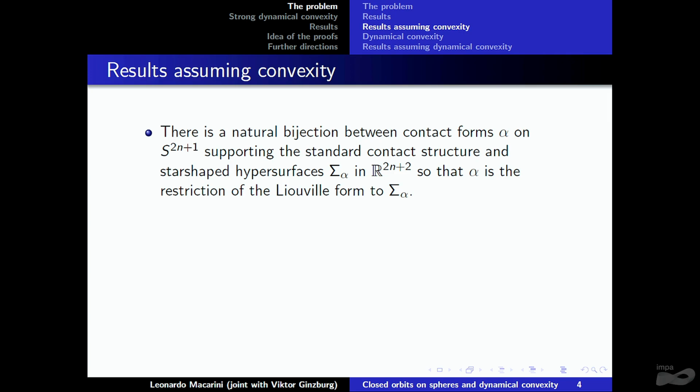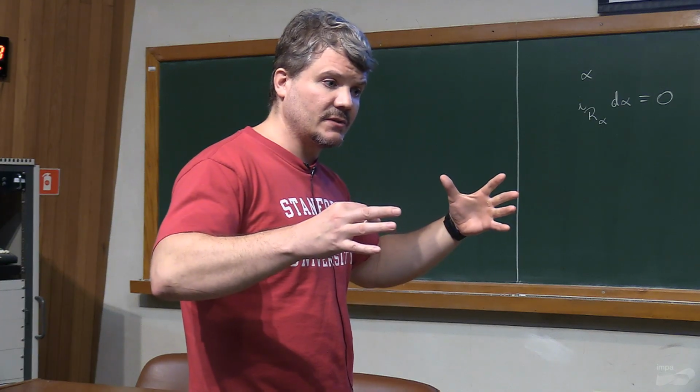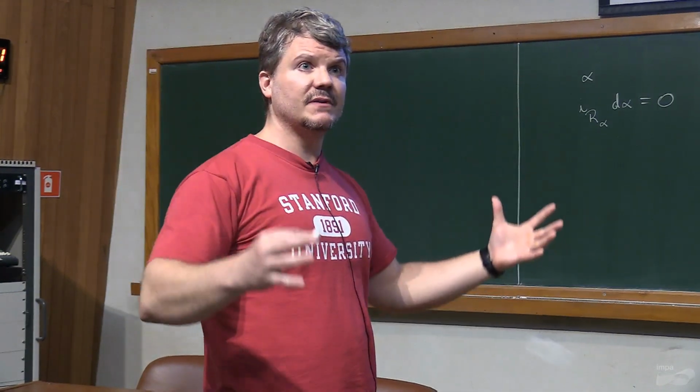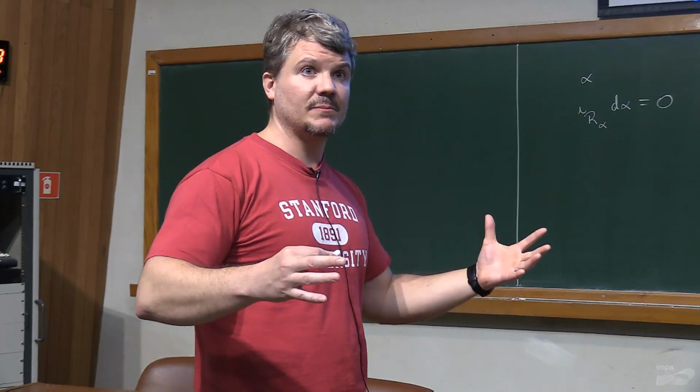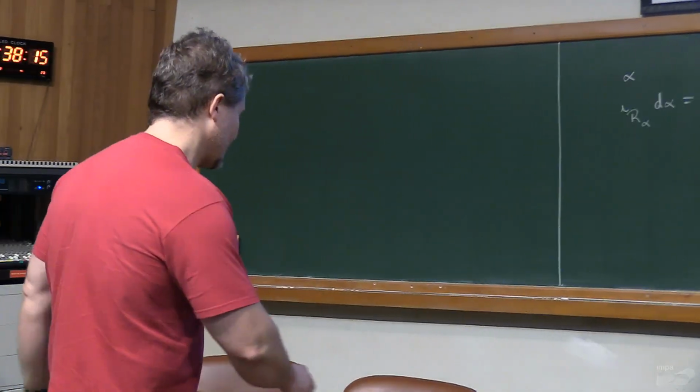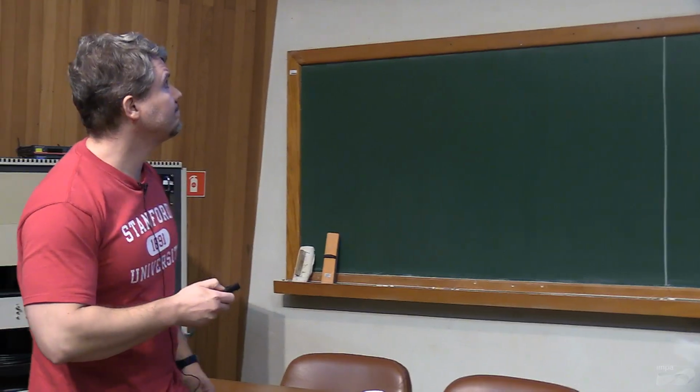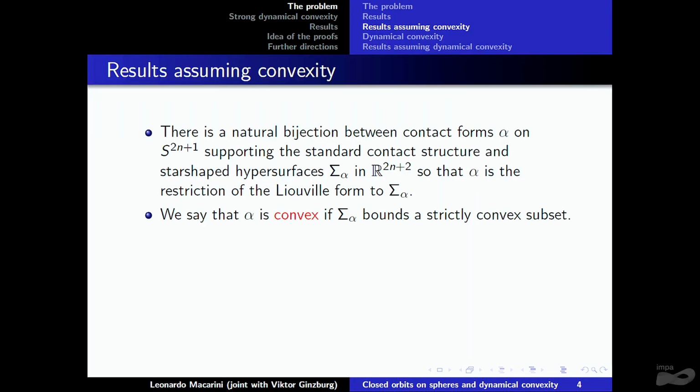Okay, so you can identify contact forms on the sphere supporting the standard contact structure with star-shaped hypersurfaces in R^{2n+2}. Okay? And then we say that alpha is convex if the corresponding star-shaped hypersurface bounds a strictly convex subset.